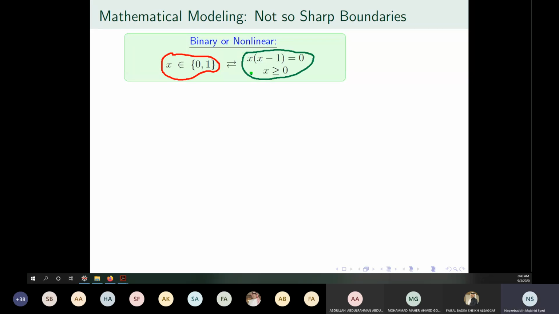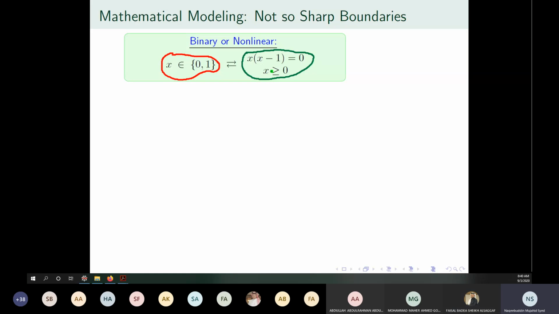If you look only at the information in this green region, you will see there is a variable x. What type of variable is x here? If you look only at these two, it can be 0 or 1. But what type of variable is x?